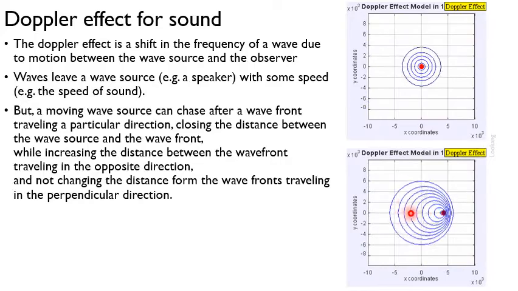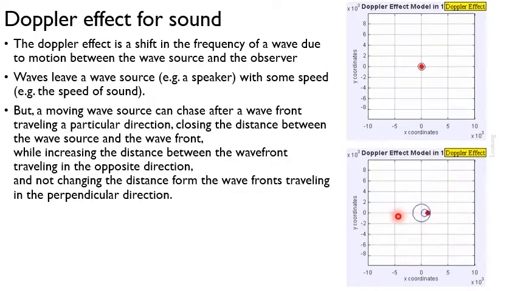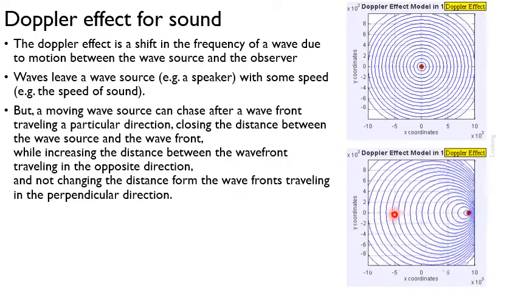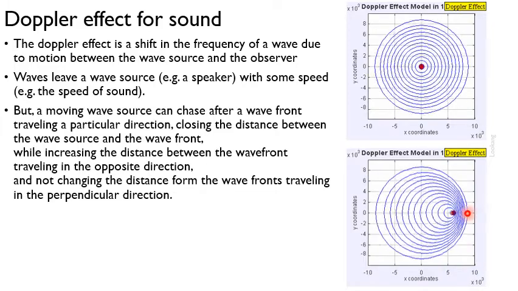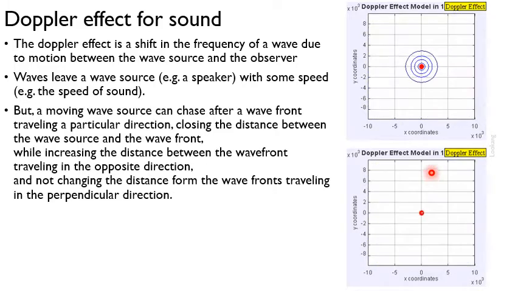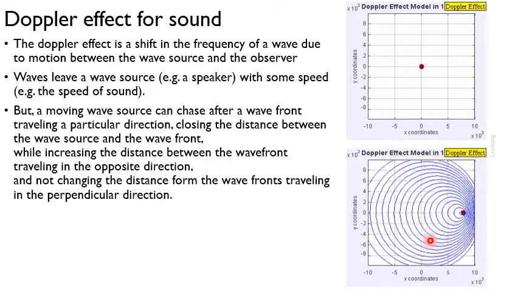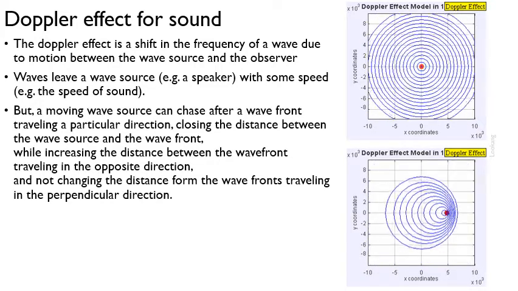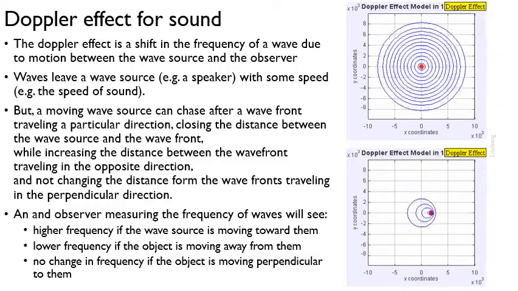So the wavelength is increased in the direction opposite the motion, and in the direction of the motion, the wavelength is decreased. In the perpendicular direction, nothing has changed because there's no relative motion there.